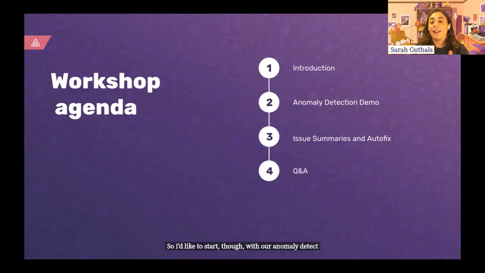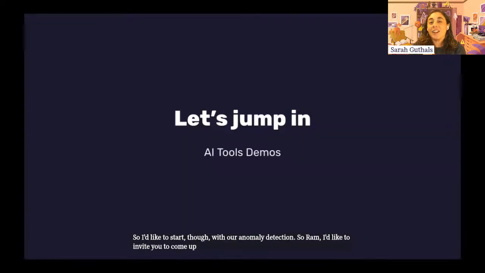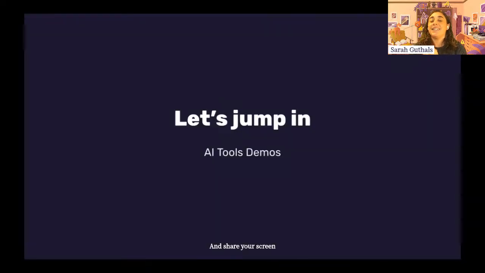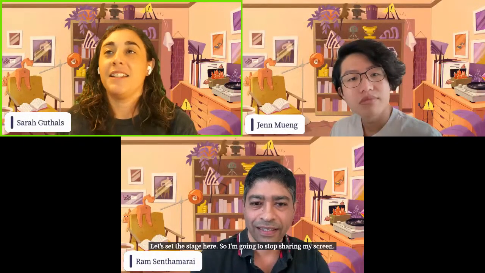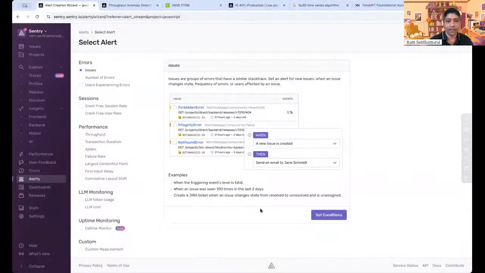So Ram, I'd like to invite you to come up and share your screen, and let's set the stage here. So I'm going to stop sharing my screen, allow you to share yours. Awesome. Okay. And let's set the stage here.